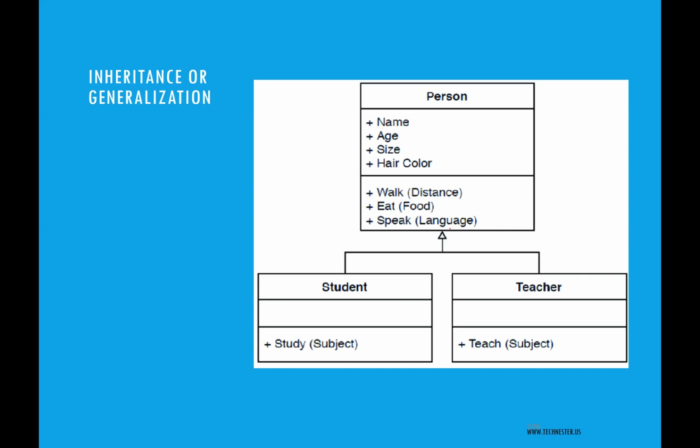Does anyone remember generalization? Can anyone explain this relationship? Can you explain this model?